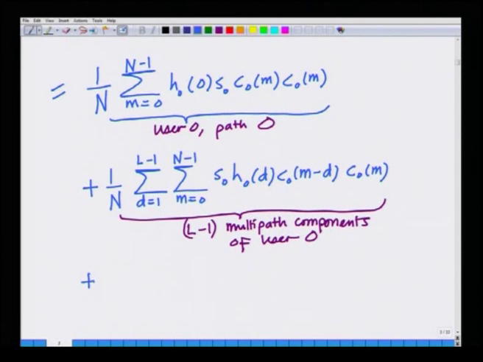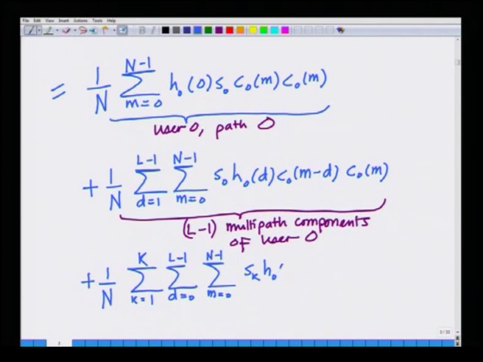plus now I will write the KL components of the interfering users, that will be 1 over n. Now, I will sum over the number of users, k equals 1 to capital K, summation d equals 0 to L minus 1, summation m equals 0 to n minus 1, s k h 0 d c k m minus d c 0 of m.